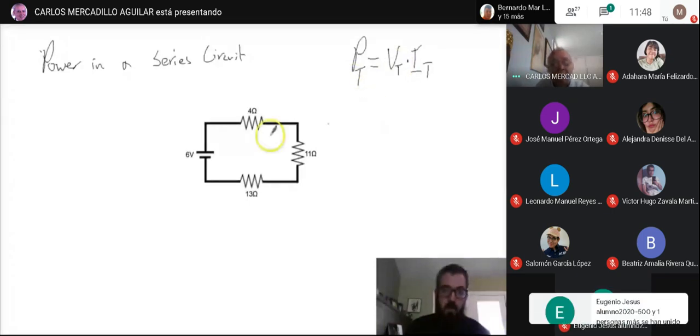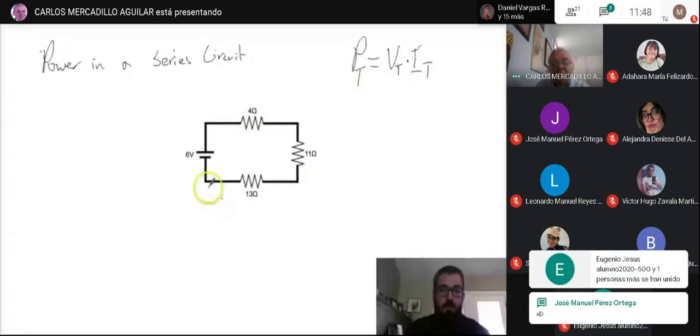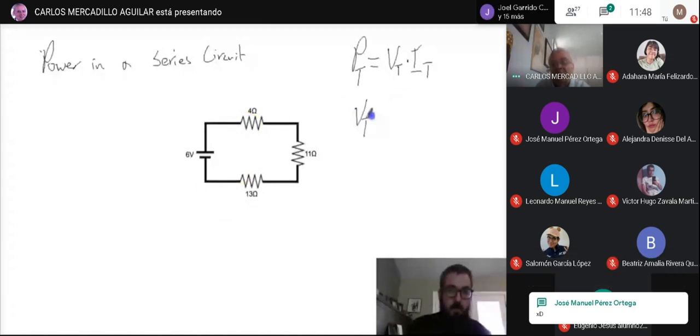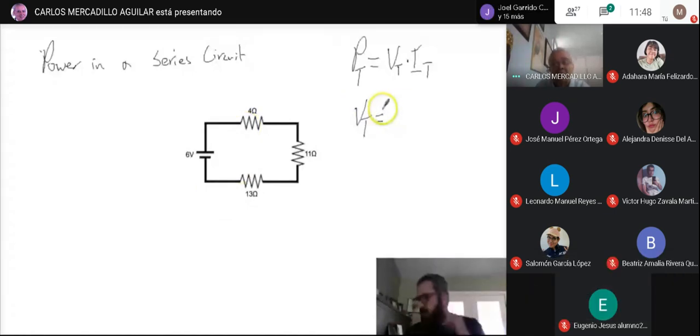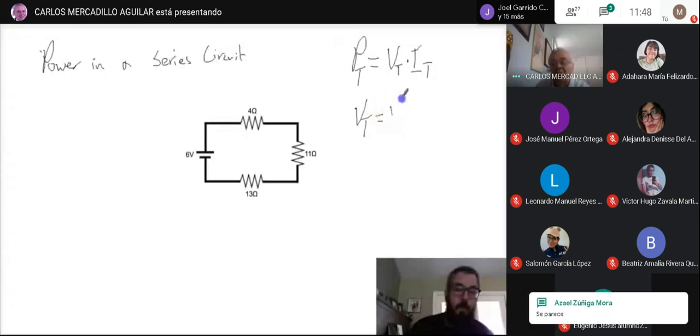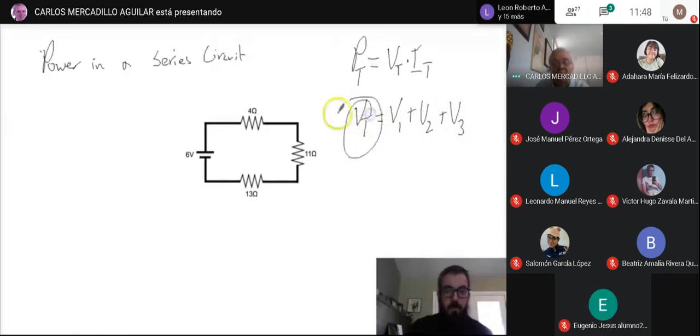So if we look here and we remember that in a series circuit, V total is going to equal V1 plus V2 plus V3. But the voltage total here is just going to be the 6 volts. When we talk about V1, we're just talking about what the voltage drop is going to be for each of these, right?